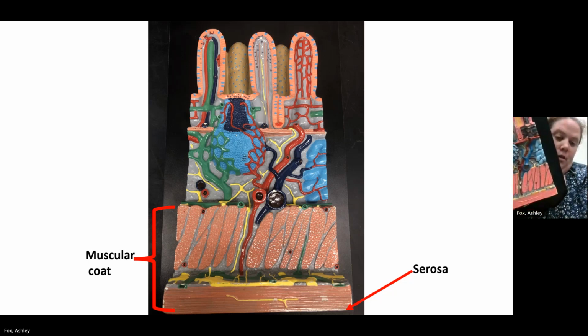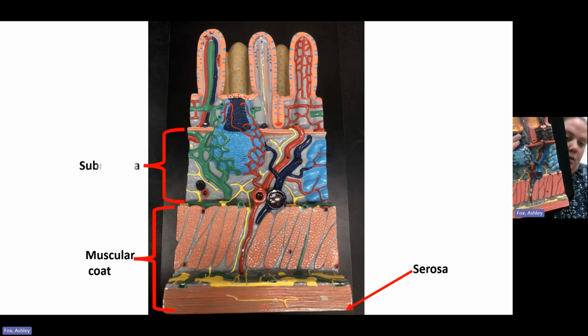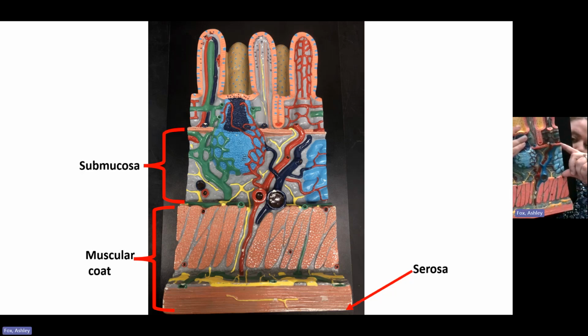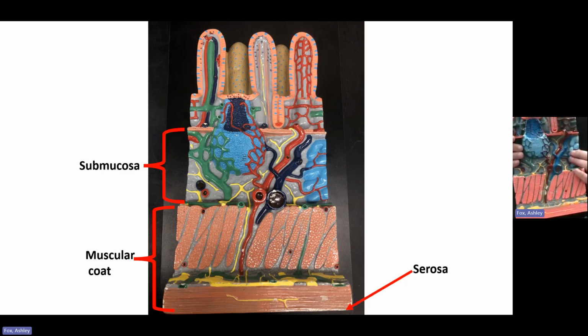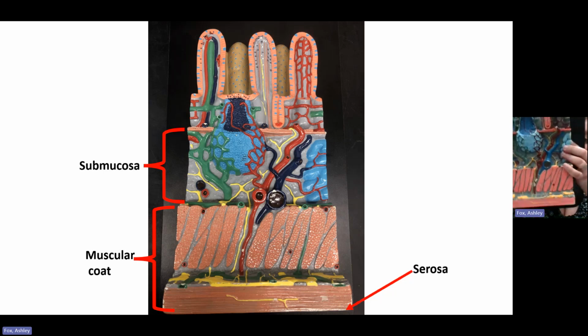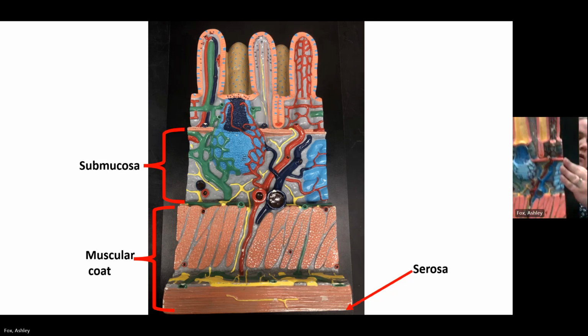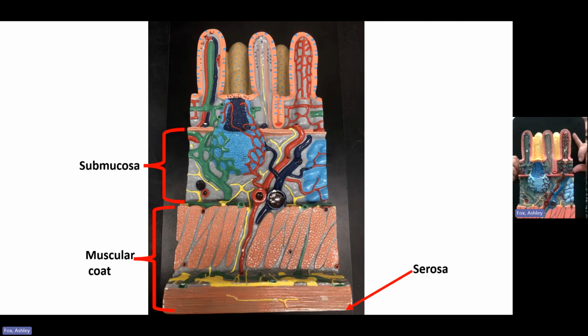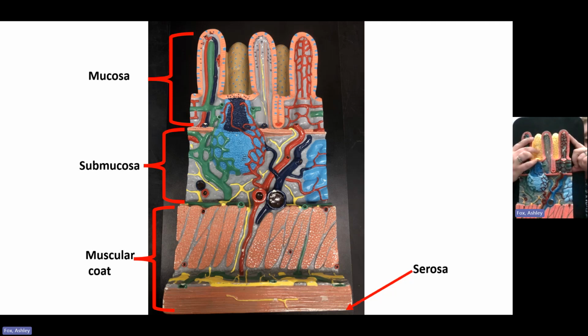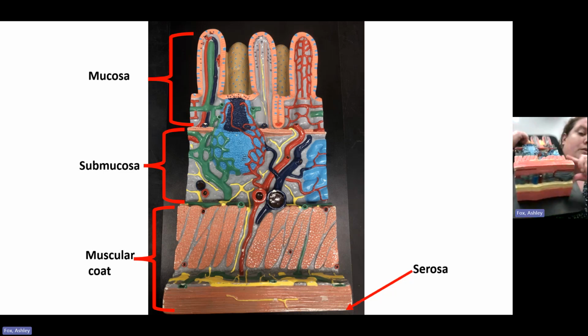Then this section, where you can see larger blood vessels and lymphatics, is the submucosa. Coming above, and these are the villi, which we'll go over, that's your mucosa. So you have submucosa, mucosa, muscular coat, and serosa.